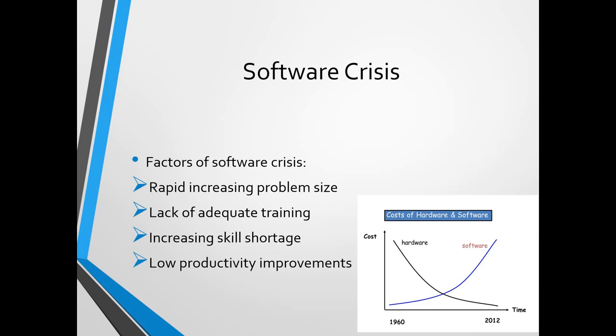This crisis can be overcome using a good training procedure, where the software developer needs good training. If the training is sufficient and the skill is increased, then the productivity should be high. So this is very important.